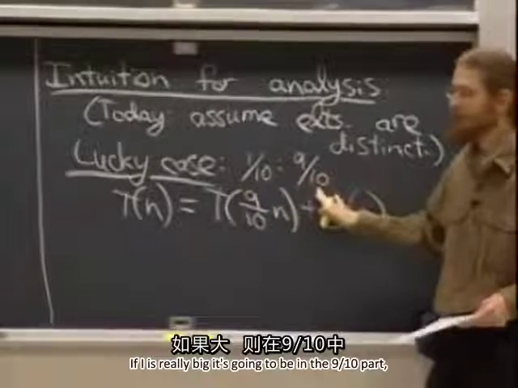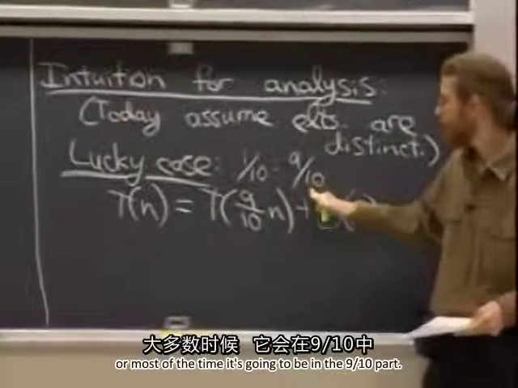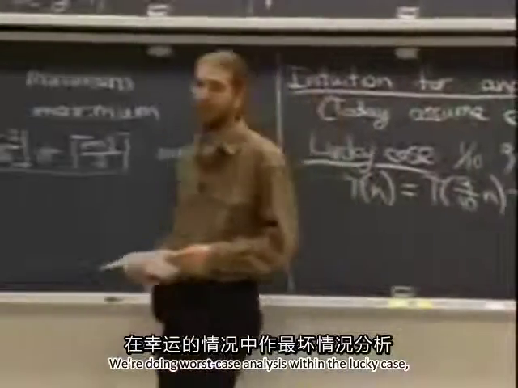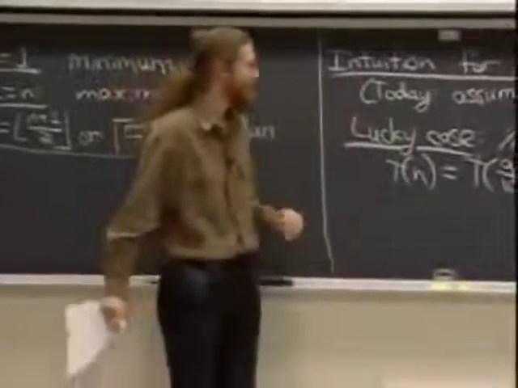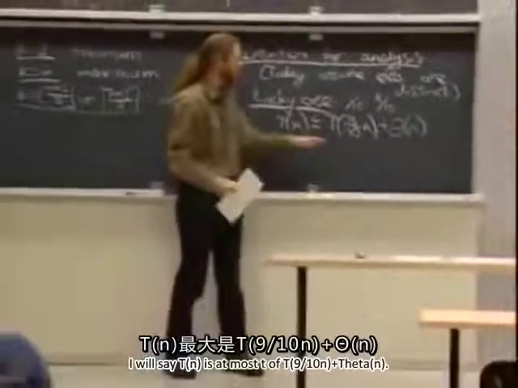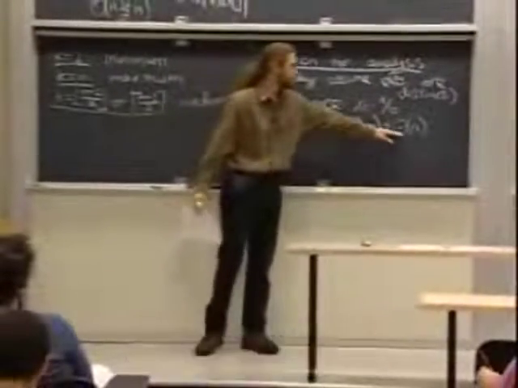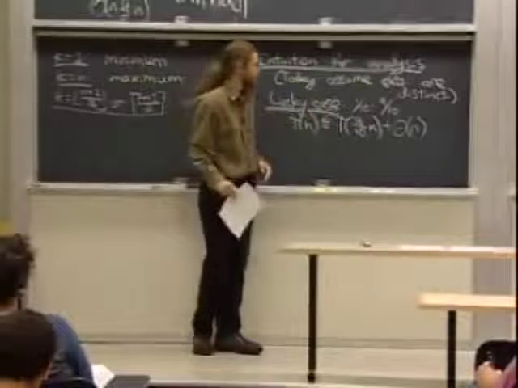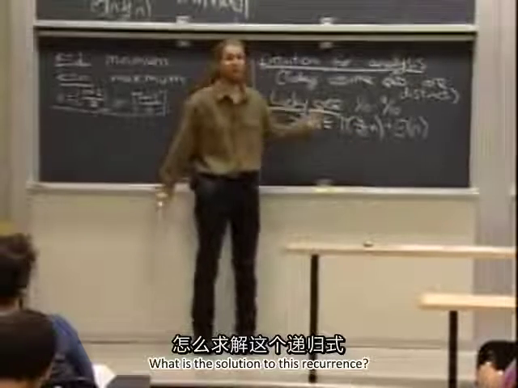If i is really big, most of the time it's going to be in the 9/10 part. Let's just do worst case analysis within the lucky case, so we're happy to have upper bounds. So I'll say T of n is at most T of 9/10 n plus theta n. Clearly it's worse if we're in the bigger part. What is the solution to this recurrence?